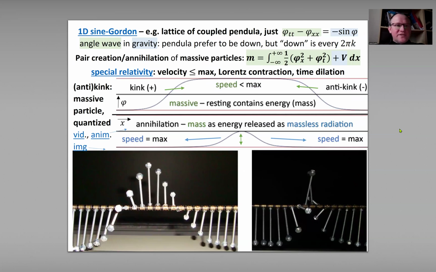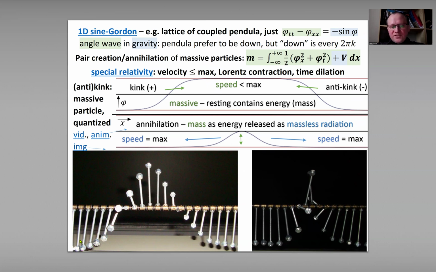Okay, so let's start with this simple one-dimensional setting, the so-called Sine-Gordon model, which can be realized by this simple lattice of pendula. These pendula have a gravitational potential, which prefers the pendula to be down.